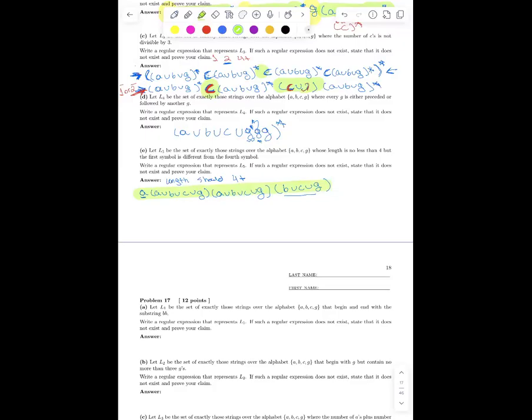But because I want more than 4, I can have A or B or C or G and Kleene star. When I add that, it means that it's 4 and more. Again, this is my fourth symbol, is not the same as my first symbol.